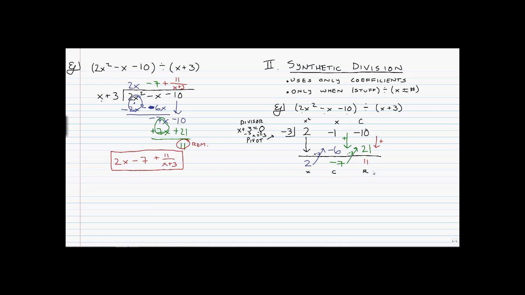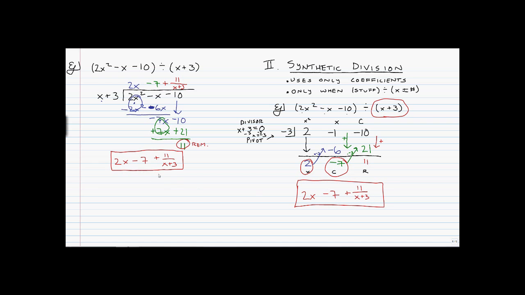So according to this work, my answer, my quotient, is going to be first term 2x, second term negative 7, and then plus a remainder of 11, which of course we notate as the remainder divided by our divisor. And our divisor was, of course, x plus 3. So according to this synthetic division, our final answer is 2x minus 7 plus 11 over x plus 3.